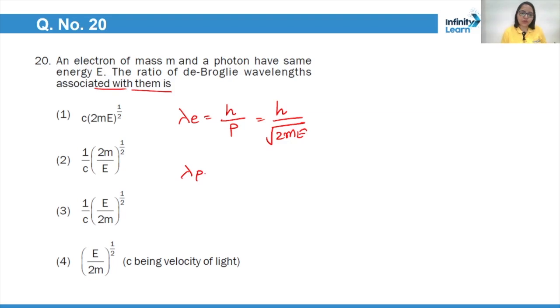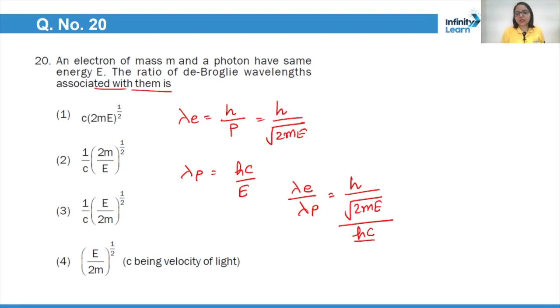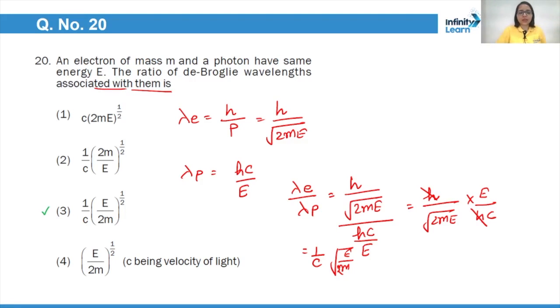Similarly, lambda of photon is given as hc upon E. So lambda electron divided by lambda photon will be h upon under root 2mE divided by hc upon E. After solving this, you'll get h upon under root 2mE into E upon hc. h cancels. So we have 1 upon c under root E upon m into 2. Right. So the correct answer is option 3, 1 upon c times under root E upon 2m.